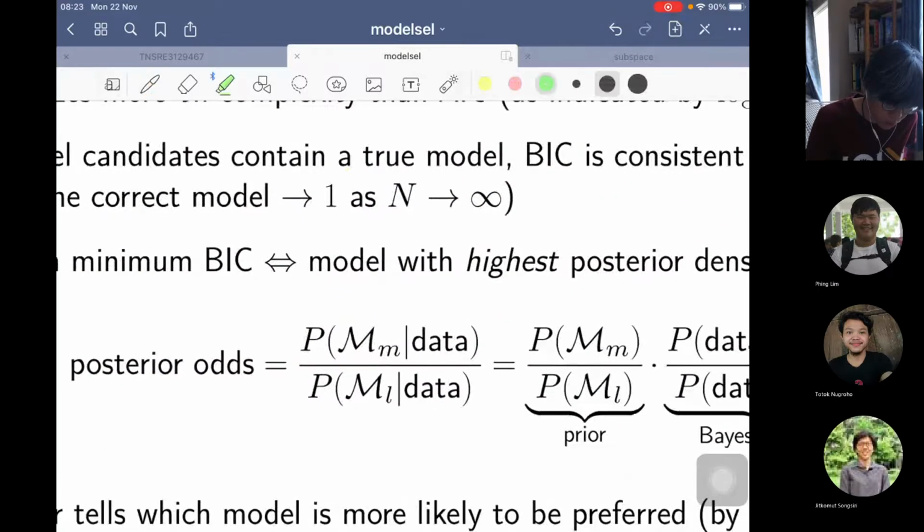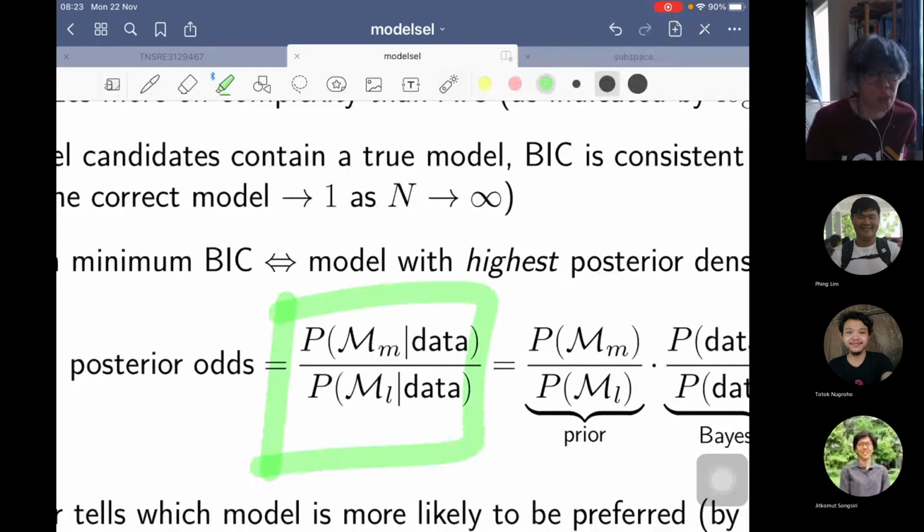When you see these posterior odds, how can you choose? Suppose somehow I can calculate the value of the posterior odds. If it turns out to be 0.8, what does it mean to you? Which model should I pick, model M or model L?